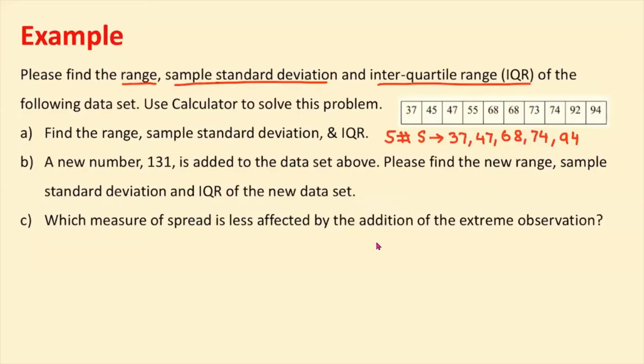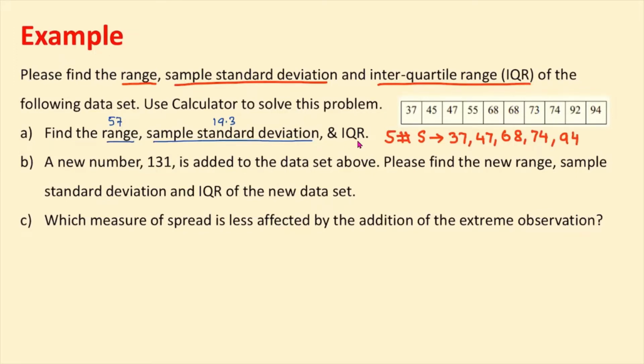So from our TI-84 calculator, we got these 5 numbers, and also the sample standard deviation, which is 19.3. Range is the highest value minus the smallest value, so it will be 94 minus 37, which is 57.